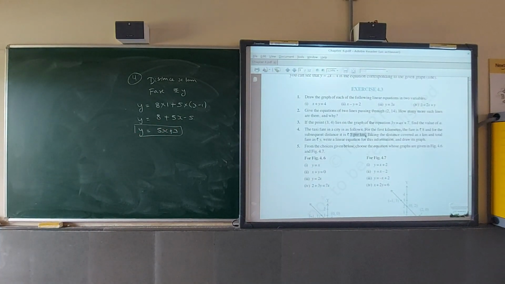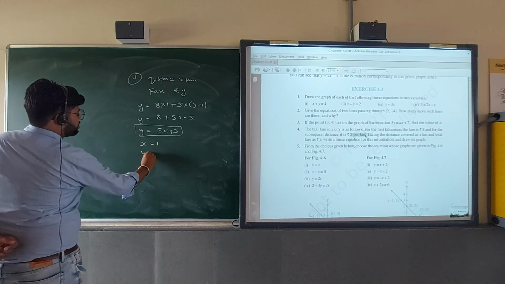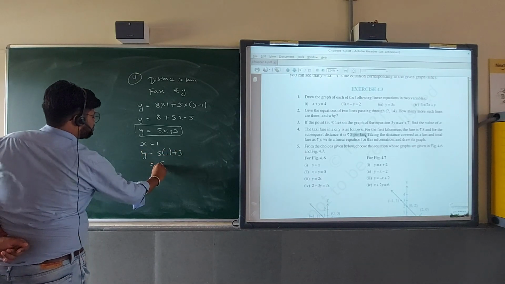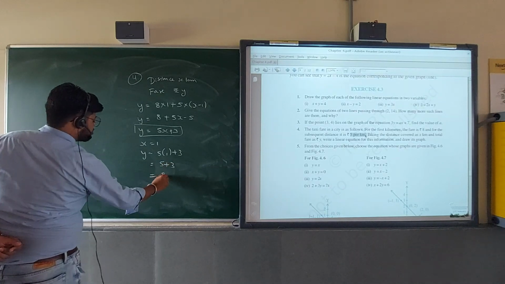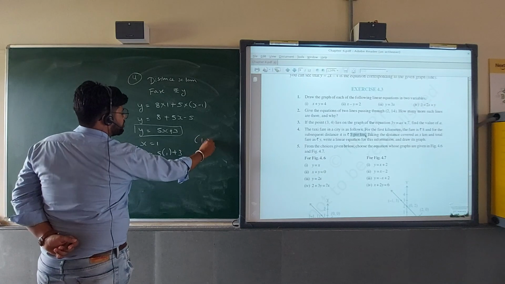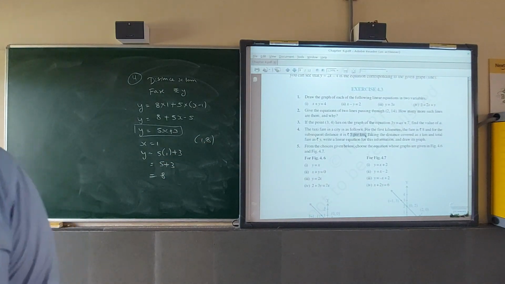Now if I put x equal to 1, what is the value of y coming? Just check. 5 into 1 plus 3, then 5 plus 3 is 8. So the value of y is 8, and the first coordinate is 1 comma 8, which you can draw in the graph.